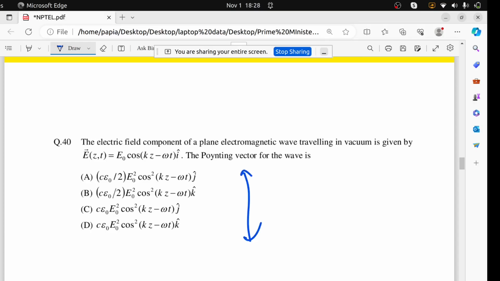Right. So let me write here. I think the question you can understand simply. The question is telling that for the plane electromagnetic wave traveling in vacuum, the electric field is given here. Then what is the value of the Poynting vector? That we need to calculate.